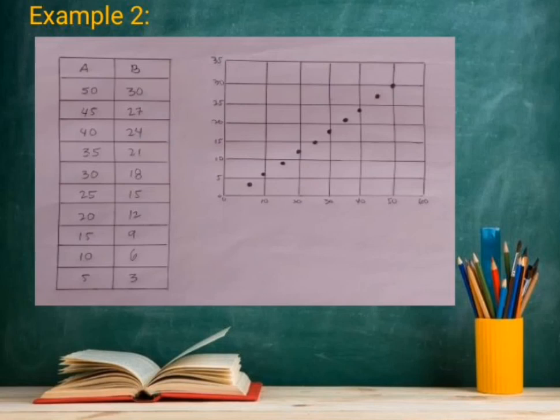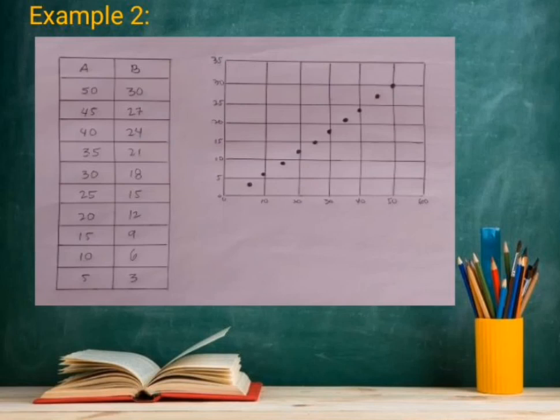Ito yung makikita ninyo, the points plotted to show the relationship between the values listed under column A, which are plotted on the x-axis, and the values listed under column B, which are plotted on the y-axis.